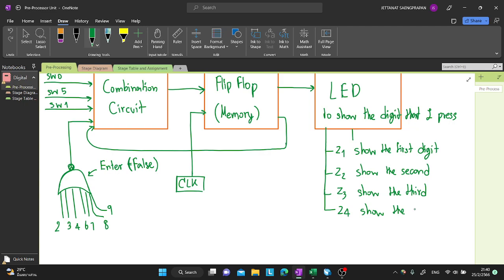When all of them show, it means we completed pressing the four digits to unlock the door.